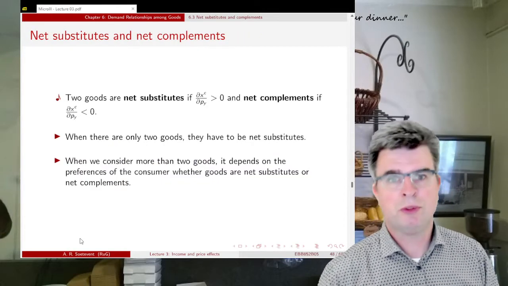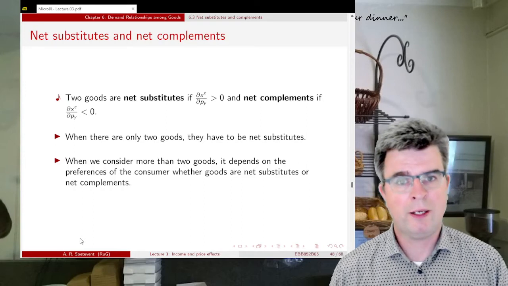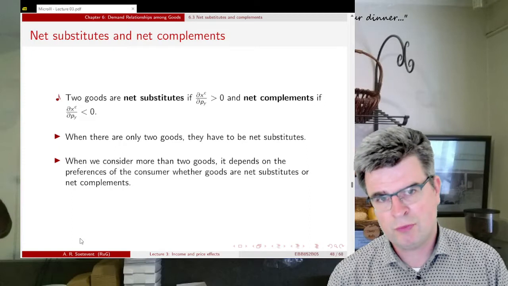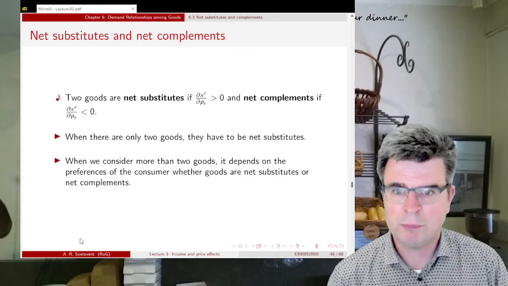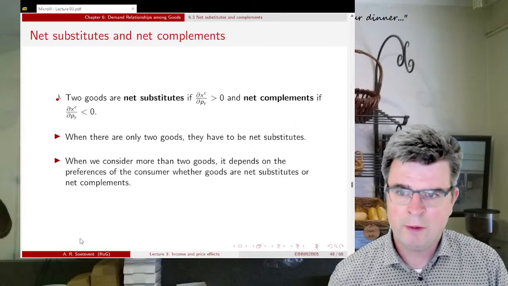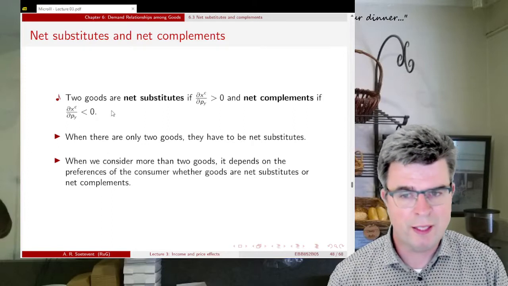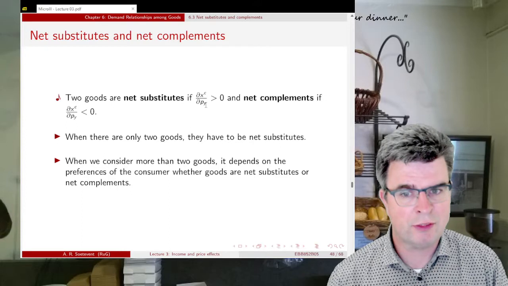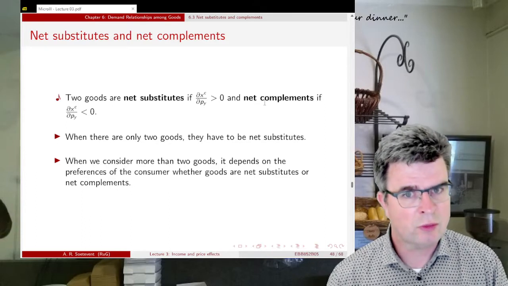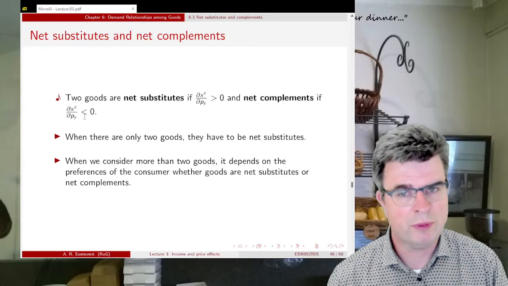Instead of gross substitutes, we will apply the concept of net substitutes and net complements. Difference being that instead of using the uncompensated demand function, we will use the compensated demand function. So two goods are net substitutes if a price increase in the one leads to an increase in the compensated demand of the other, and they are net complements if this value is negative.